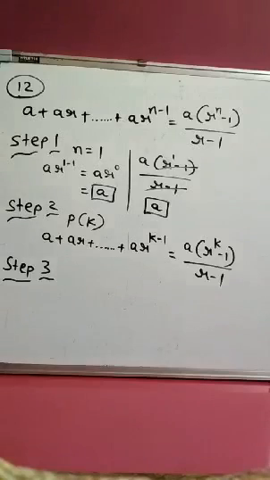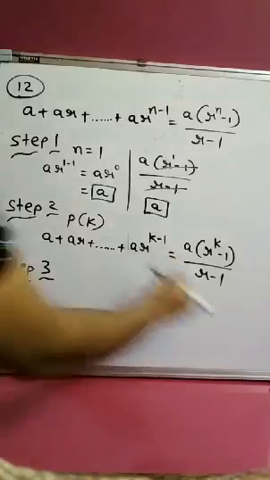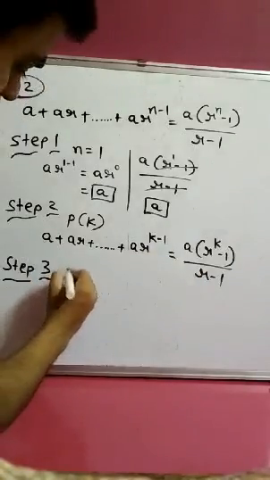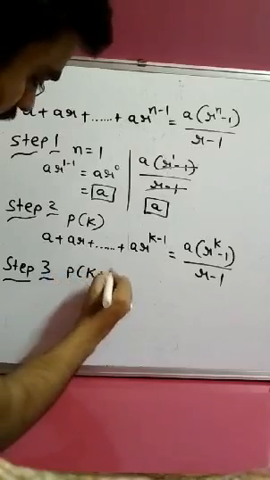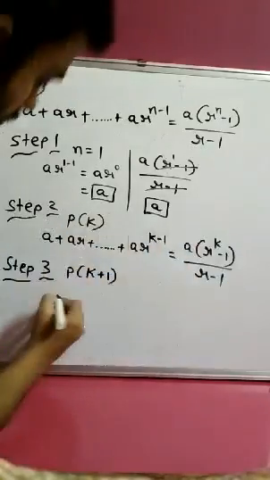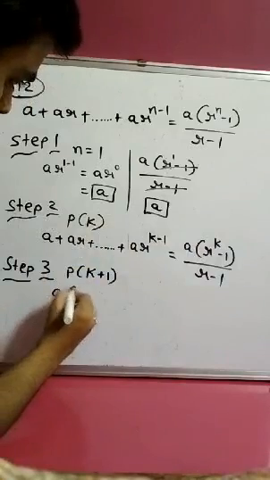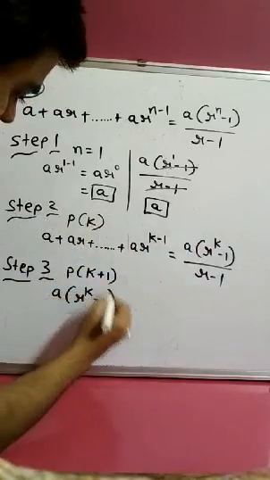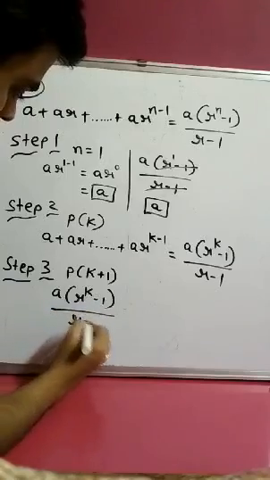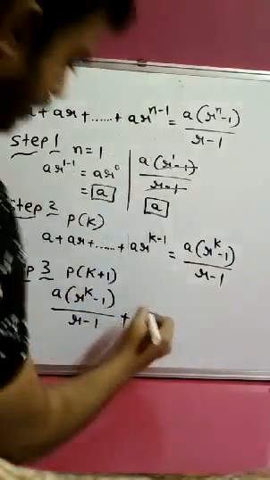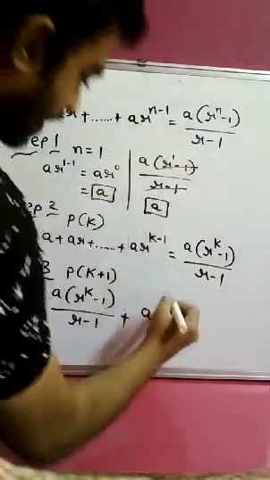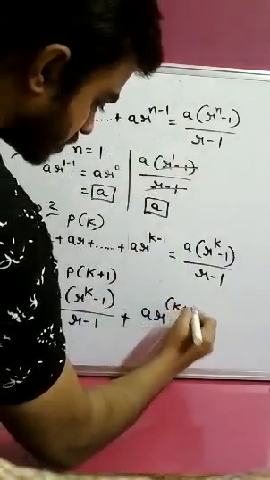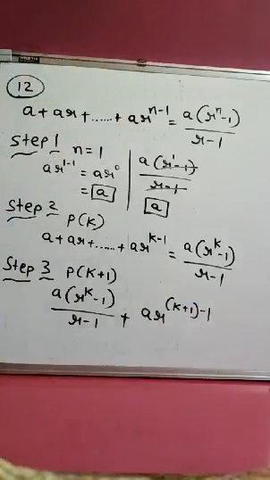So in step 3, what we have to do? This I am writing directly because P of k plus 1 is there. So after P of k it will come. So this as it is I am writing, a into r raised to k minus 1 upon r minus 1 plus a into r raised to, wherever n is there put k plus 1. Okay. Chalo.